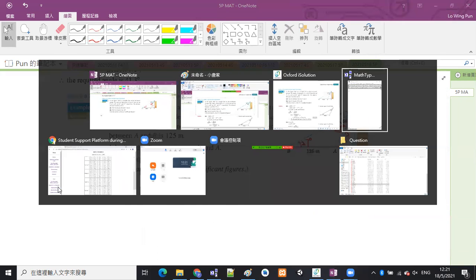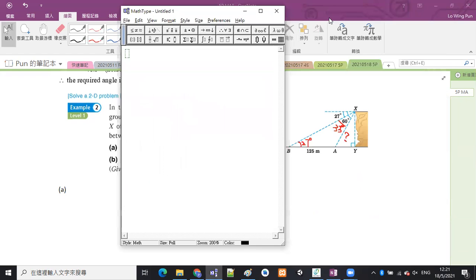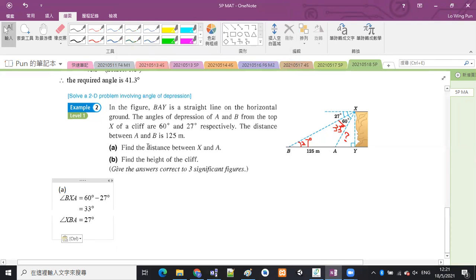Okay, so I have found the 33 degrees first. That is angle BXA is equal to 60 degrees minus 27 degrees. That is 33 degrees. And then angle XBA is equal to 27 degrees. This is alternate angles, right? Okay, just write down the steps here.